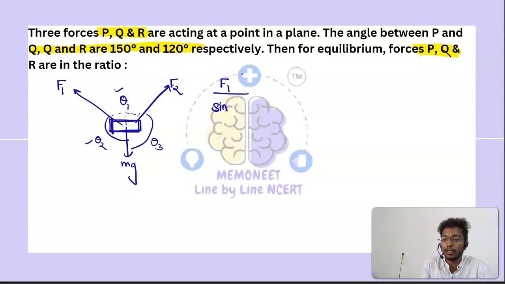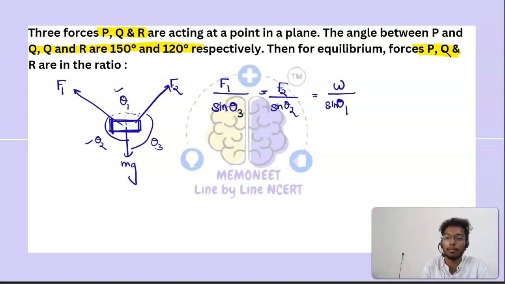This angle is adjacent and this angle is adjacent to f1, so the one which is not adjacent is theta 3. So f1 upon sine theta 3 is equal to f2 upon the non-adjacent angle, that is theta 2, so sine theta 2, and this is equal to the third force, that is W or mg, upon the non-adjacent angle, that is sine theta 1.